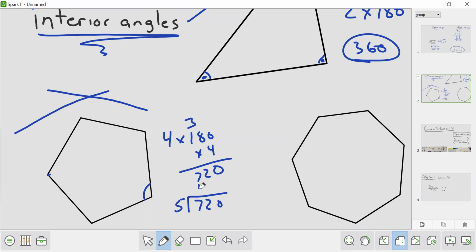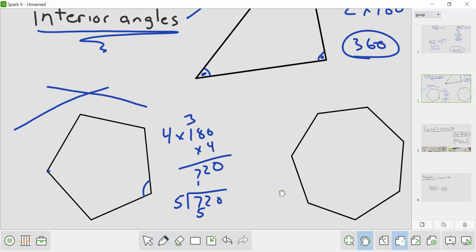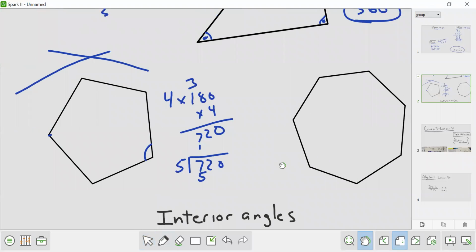Let's see what it is. 5 goes into 7 once, I get 2, then 22. That's going to be 4, and that's going to be 20. Subtract, I get a 2 and a 20 again. So it's 144. Each of these angles is 144 degrees.